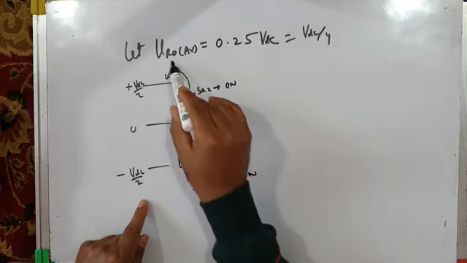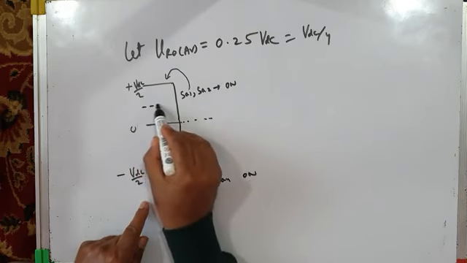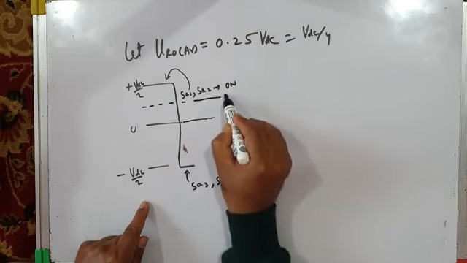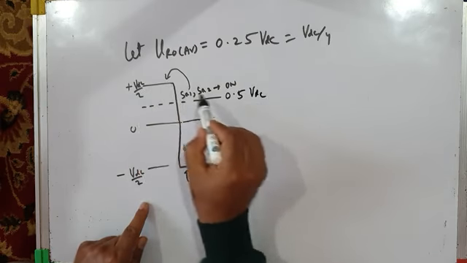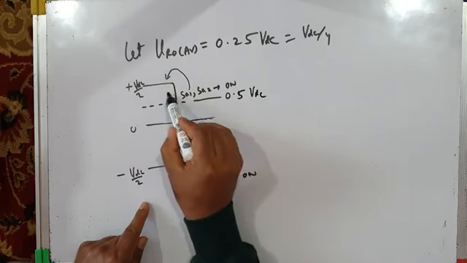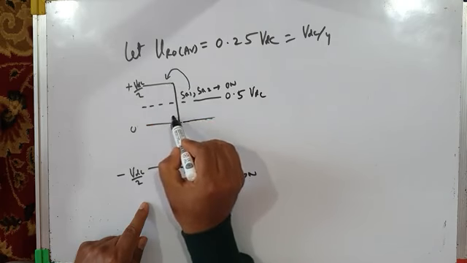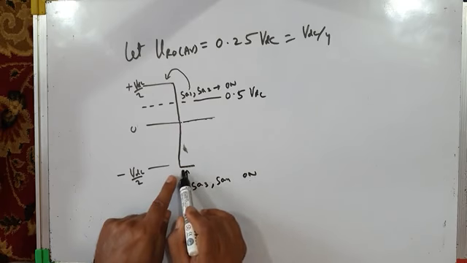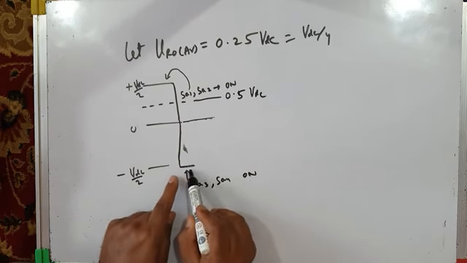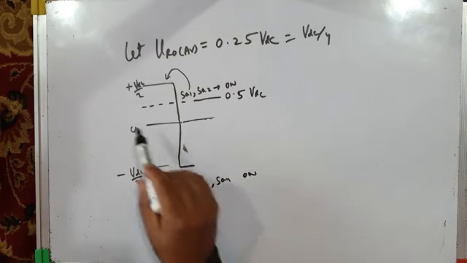In order to get an average pole voltage equal to 0.25 VDC, which is something here, this is 0.5 VDC, I will keep the top two switches on for more time, so that my pole voltage is plus VDC by 2 for more time, and the bottom two switches will be kept on for less time, so that pole voltage equal to minus VDC by 2 is there for less time. So what will be the average voltage?